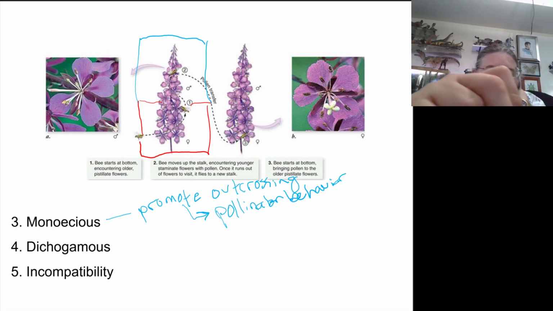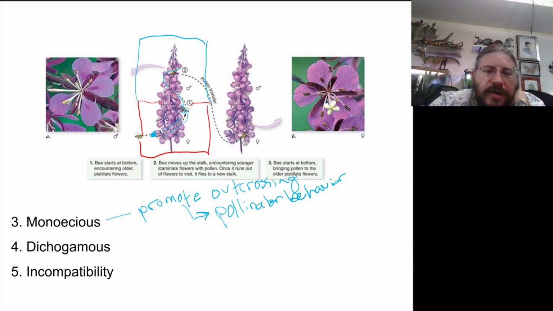The pollinator actually works in a spiral down the flower stalk. And so they land at the base of the flower stalk, where they encounter the female reproductive flowers. And then they spiral their way up the stalk, right?